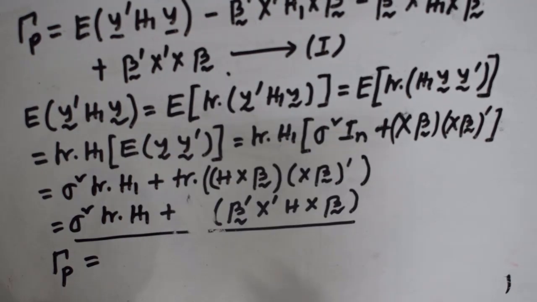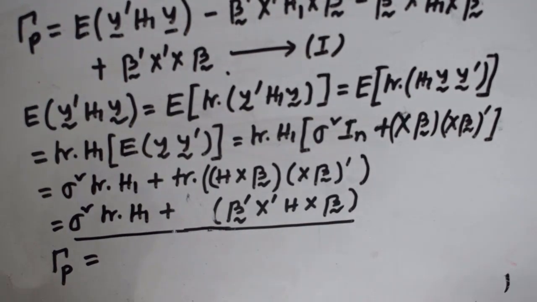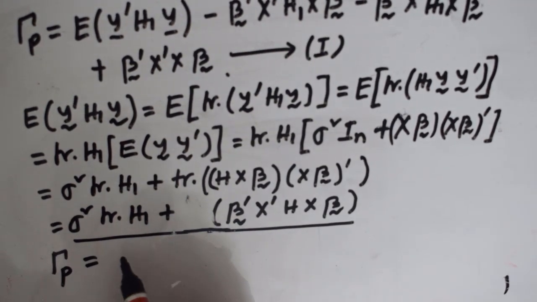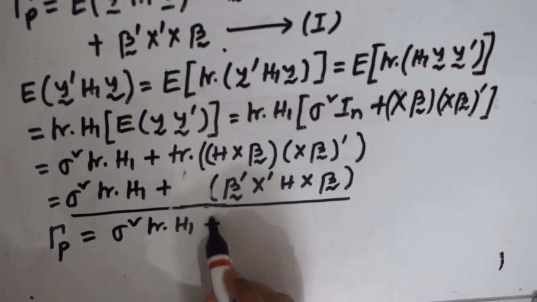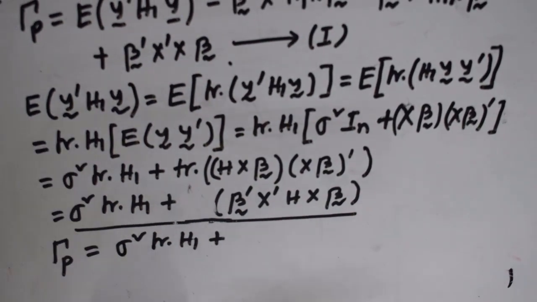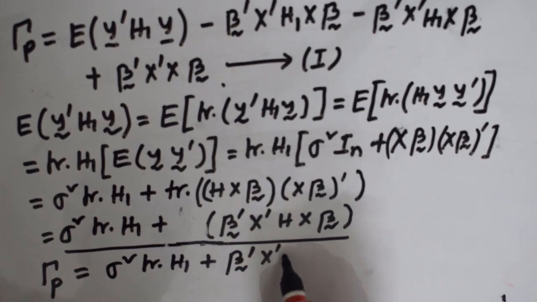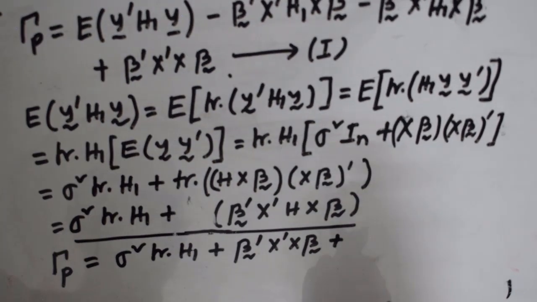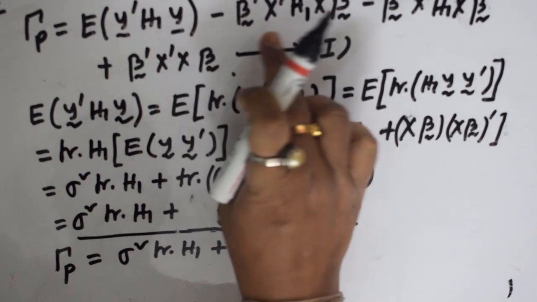So now we put this value in 1, then we get gamma p equal to sigma square trace of h1 plus beta curl prime x prime x beta curl plus this minus twice of this.